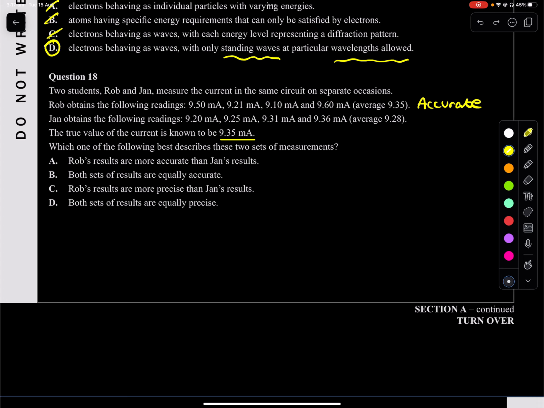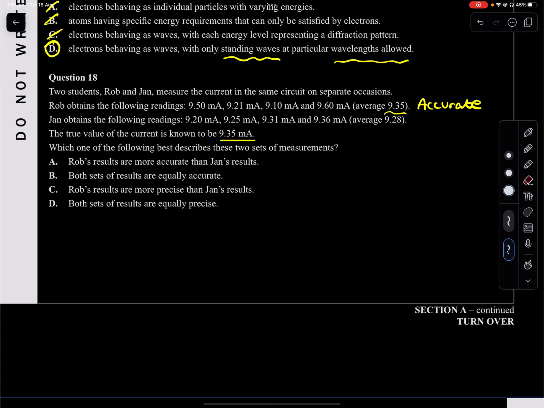Well, in this term, precision is the range of values. For example, if we look at Rob, we can see that his precision is less because his range of values is much larger. If you look over here, 9.21, 9.10, 9.6, very large.